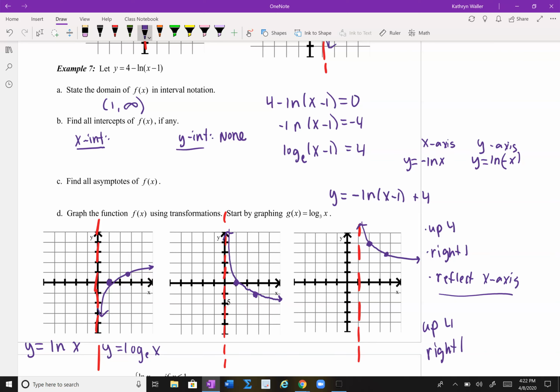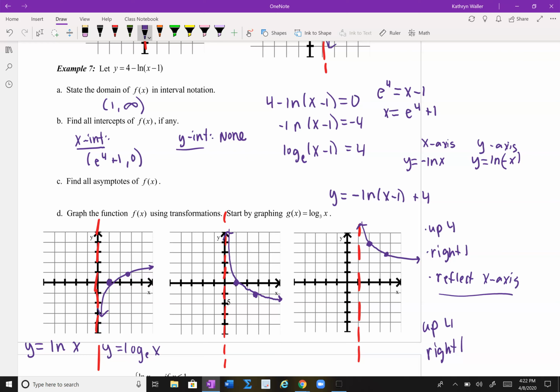You can write it however you want. And now I'm stuck, and remember when you're stuck, you convert it. So it would be e to the 4th is equal to x minus 1. Pull your 1 over, and you have e to the 4th plus 1. Okay, so I'm going to go e to the 4th plus 1, comma 0, and that's it.